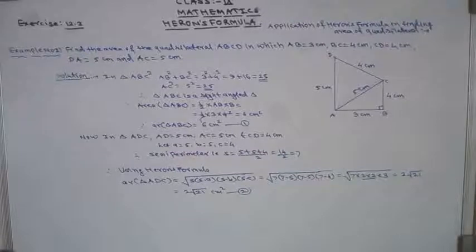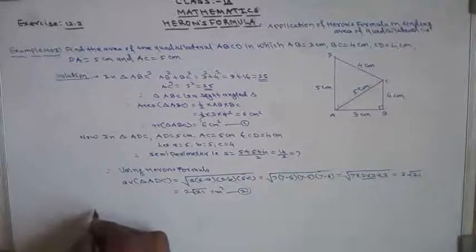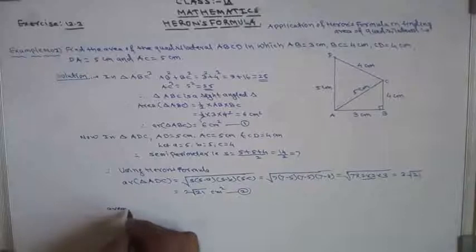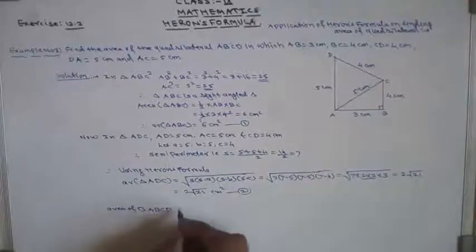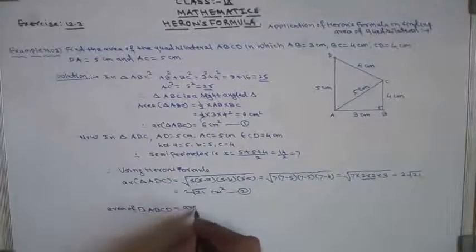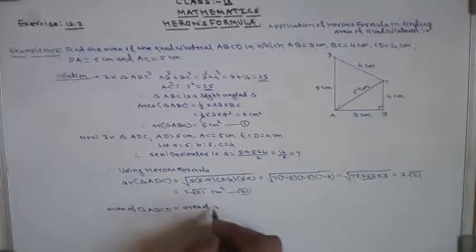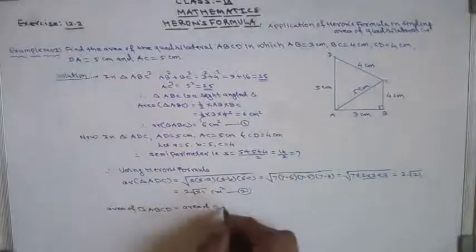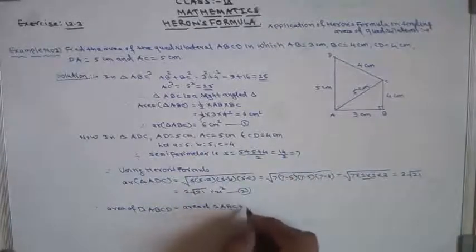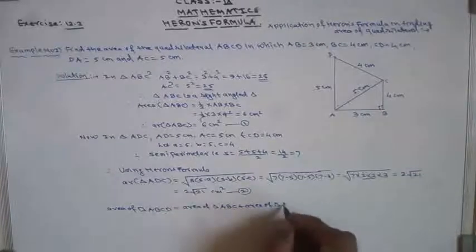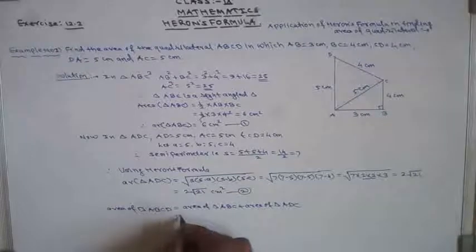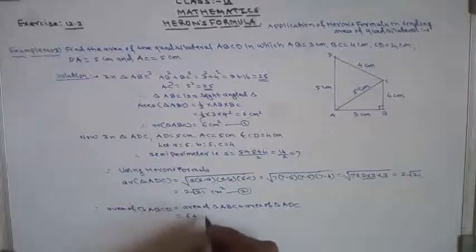Okay. Therefore, the combined area. Therefore, area of quadrilateral ABCD equals area of the first triangle ABC plus area of triangle ADC. So the area of triangle ABC is 6 plus 2 into root 21.